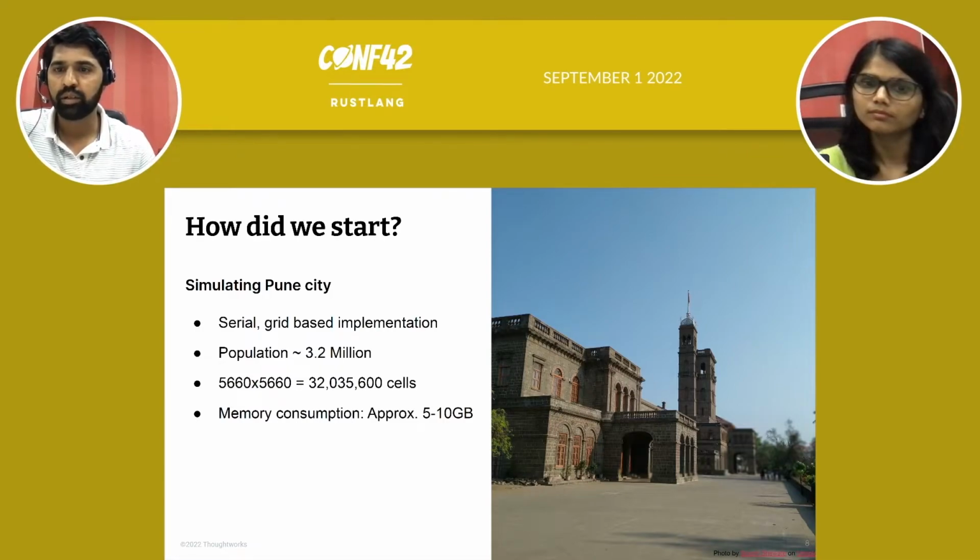So how did we start? As I said earlier, we started with a very simple mechanism. We started with 2 for loops. The code was pretty much serial. The grid which we saw was implemented as a 2D matrix.